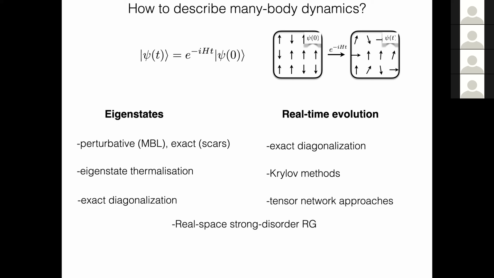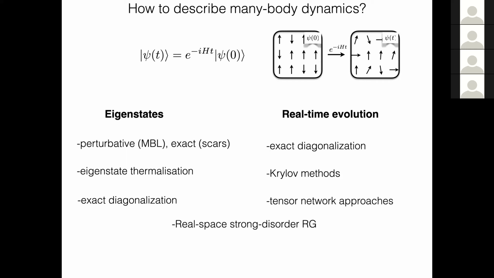In some models, you can do it exactly. Or there are general powerful ideas like the eigenstate thermalization hypothesis, which tells you the properties of eigenstates, for example, in thermalizing systems. Numerically, you're quite limited. Essentially, you have to live with exact diagonalization.